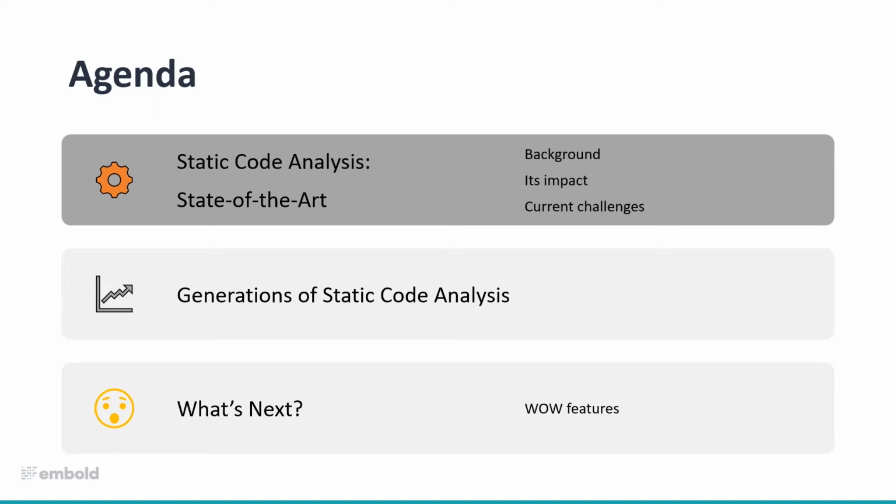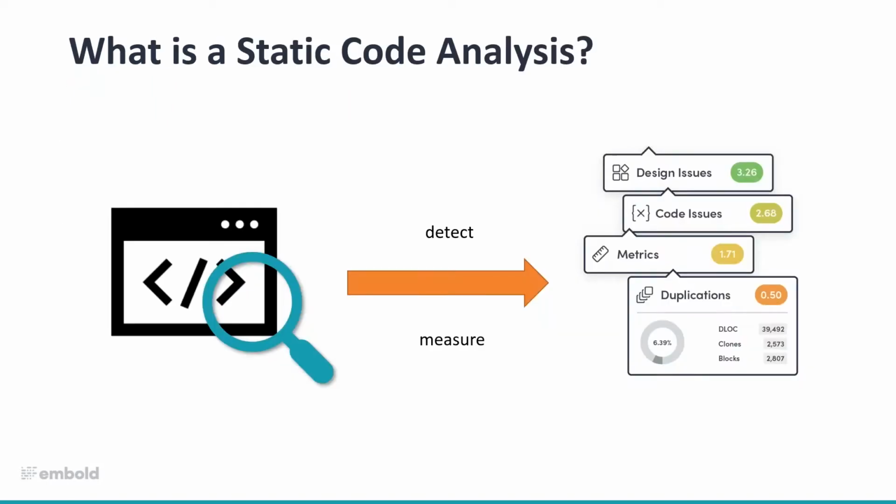Okay, so first of all, the state-of-the-art static code analysis. What we know about static code analysis is that it is a tool that helps developers or managers to detect any weaknesses in the structure of the software, and it can also measure and calculate any software metric that we want.